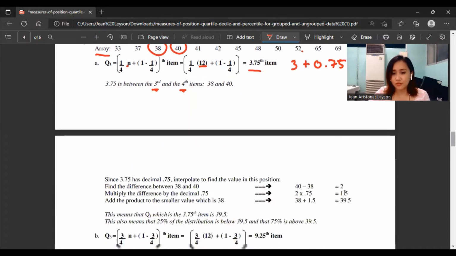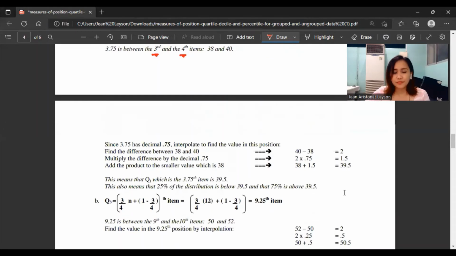We need to solve further. So how do we do that? So since 3.75 has decimal 0.75, interpolate to find the value in this position. So first, find the difference between 38 and 40, which is simply 2. Okay, so find the difference between the two succeeding numbers.